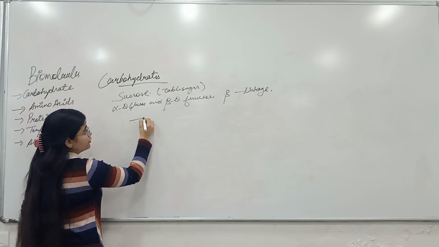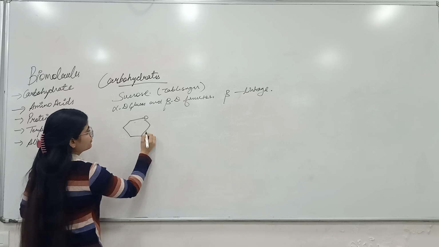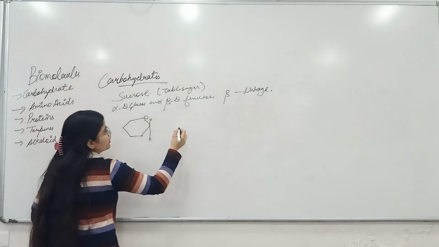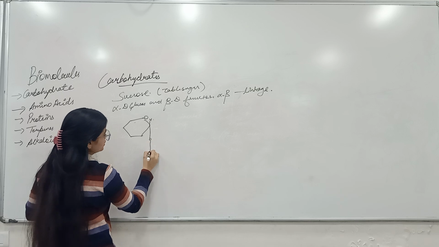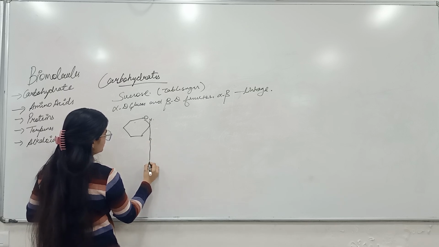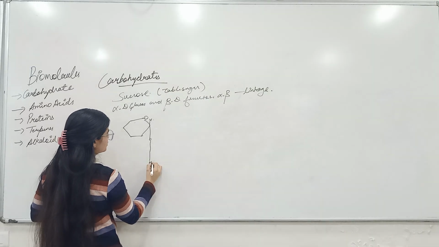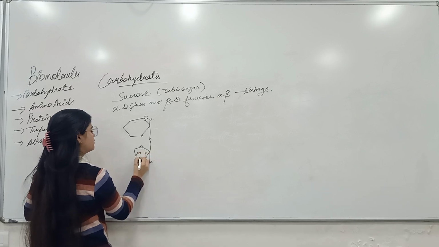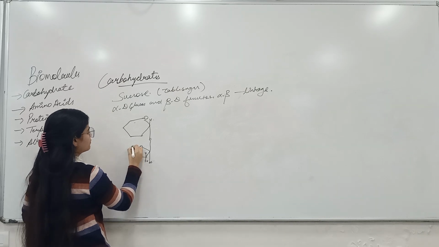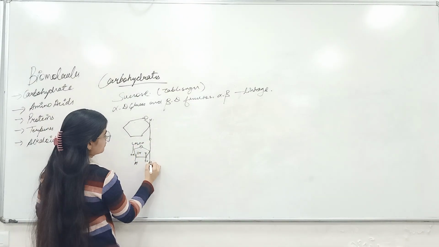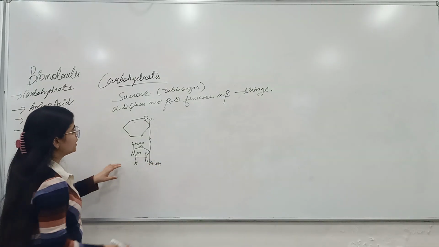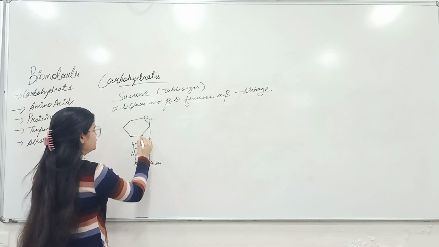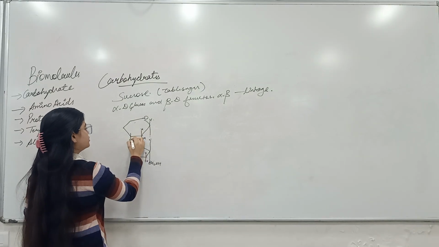This is the structure for sucrose. This is beta D fructose, that is OH on upside, and this is alpha D glucose, that is OH on downside. So this is how we show the bonding.